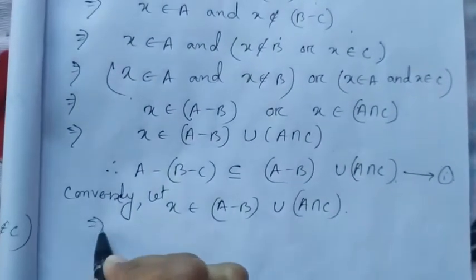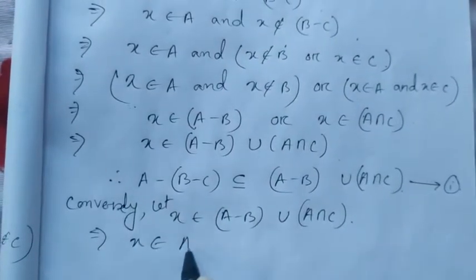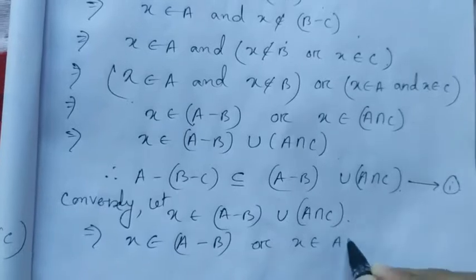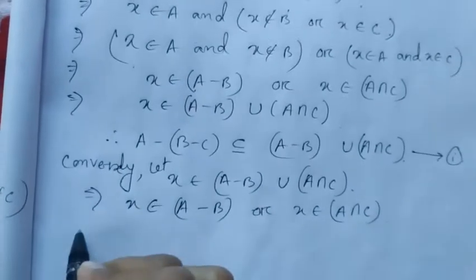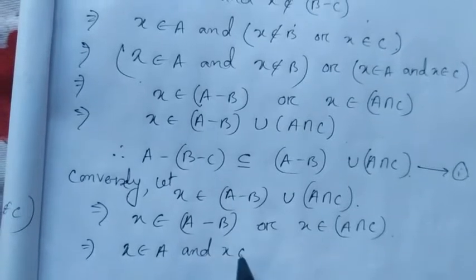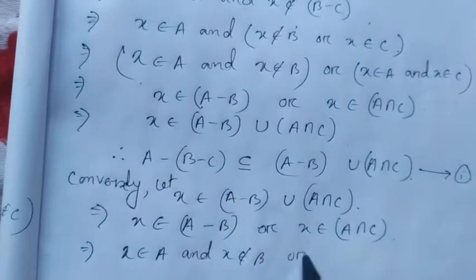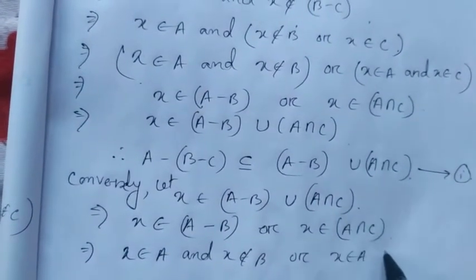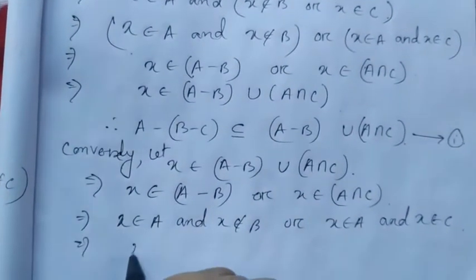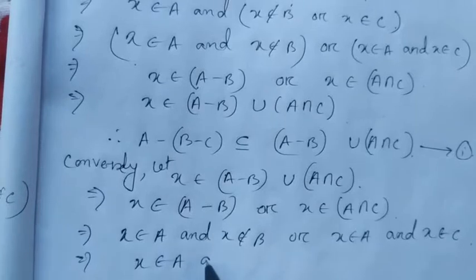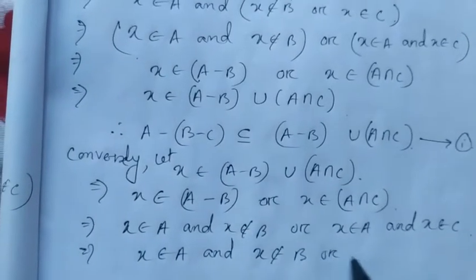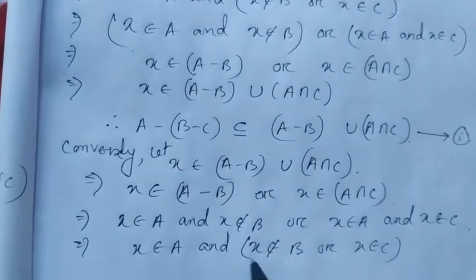This implies x belongs to A minus B, or x belongs to A intersection C. This implies x belongs to A and x not belongs to B, or x belongs to A and x belongs to C. Therefore we can write x belongs to A and x not belongs to B, or x belongs to C, isn't it?